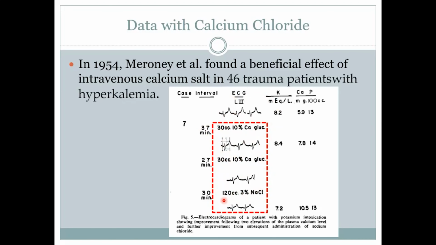And when combining calcium chloride and sodium chloride, you again see a very beneficial impact on the EKG changes, almost close to normal at 30 minutes. However, the authors concluded that it produces a striking improvement in the electrocardiogram, but this improvement was transient. So again, they only expect this to occur for anywhere from 30 to 60 minutes.